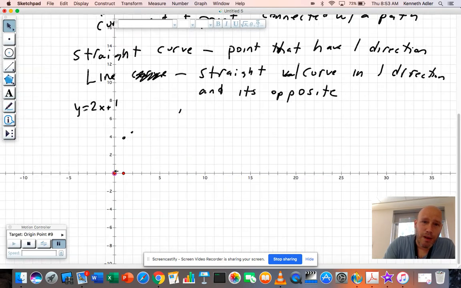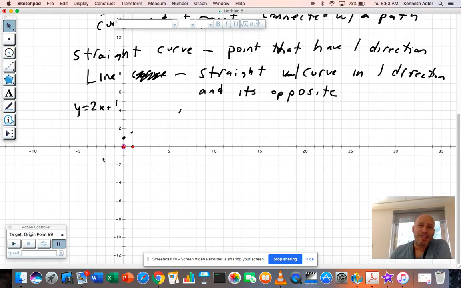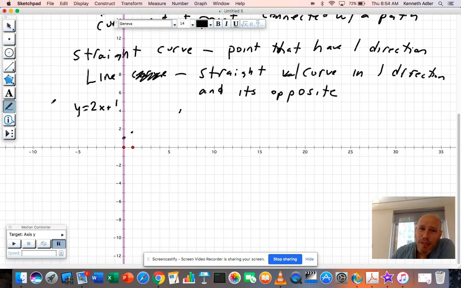So y equals 2x plus 1. The first thing you would do is plot the y-intercept at 1. And then what was the next thing you did? You looked at the slope and you go, okay, up 2 to the right 1, up 2 to the right 1, up 2 to the right 1. And you get your ruler out and you draw in the path, right?